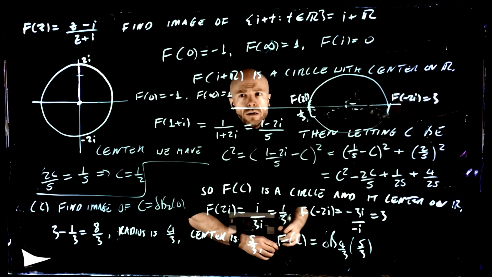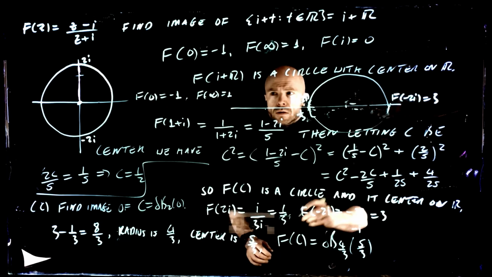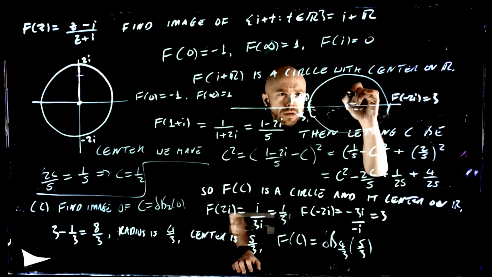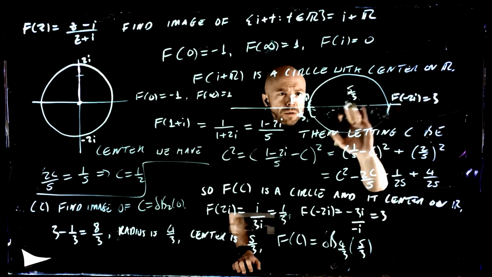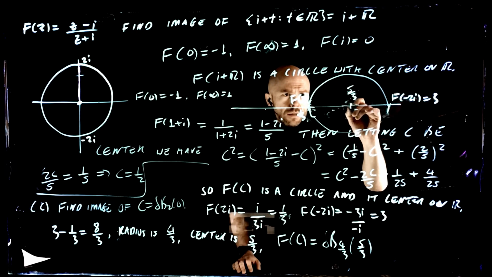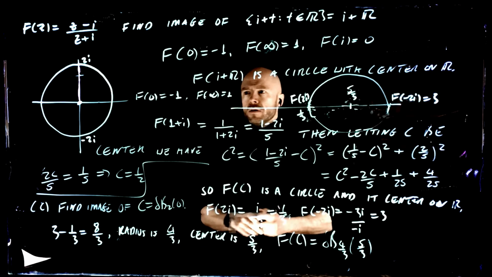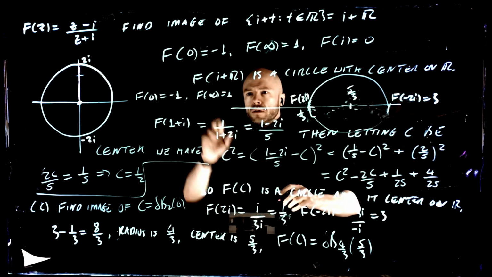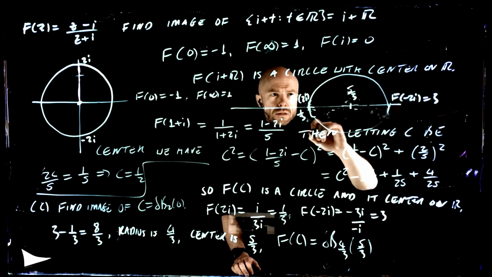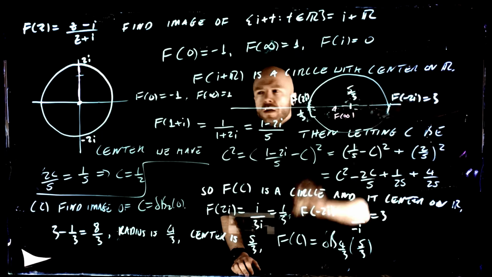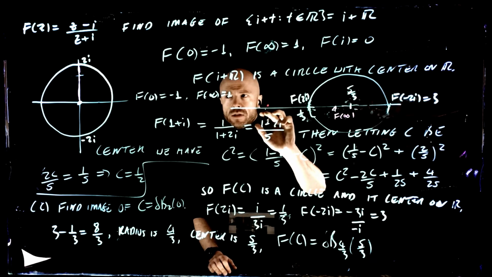So we are centered here at 5/3, right? This is where we are, right here. And f of infinity is like somewhere here, right? So this is f of infinity here at 1. And f of 0 is at -1.